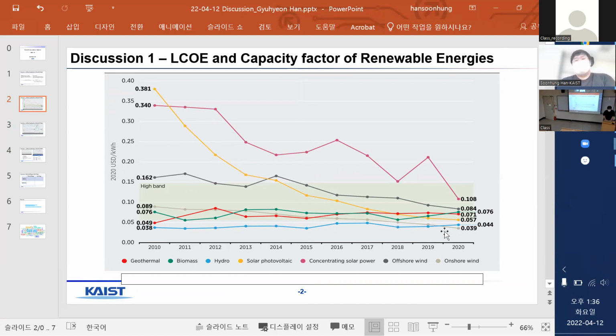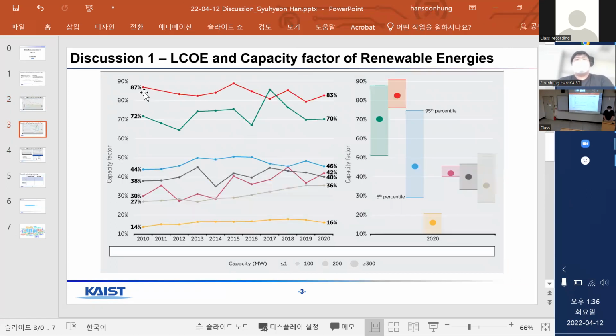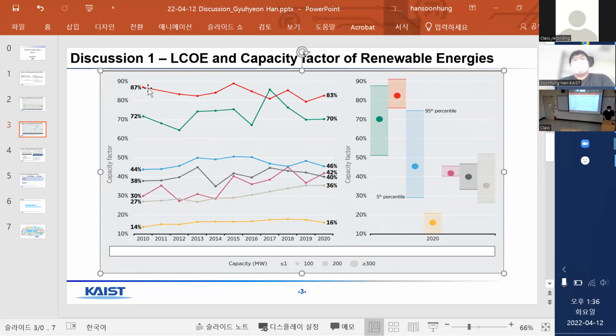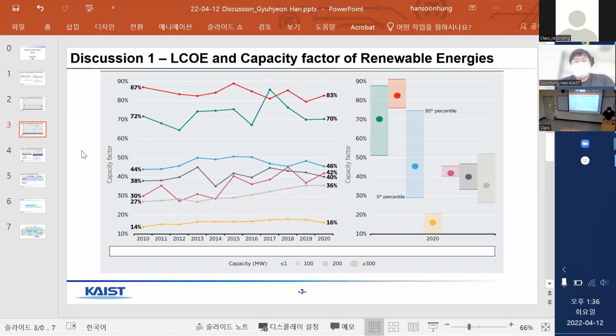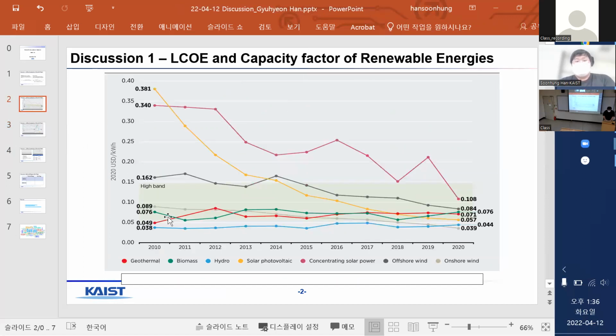And geothermal does not change. From the capacity factor, you can see that a high capacity factor can be inferred for geothermal electricity generation. And as Gavin said, the gray and dark gray, the offshore wind turbine is quite expensive for now, so she was right about this.